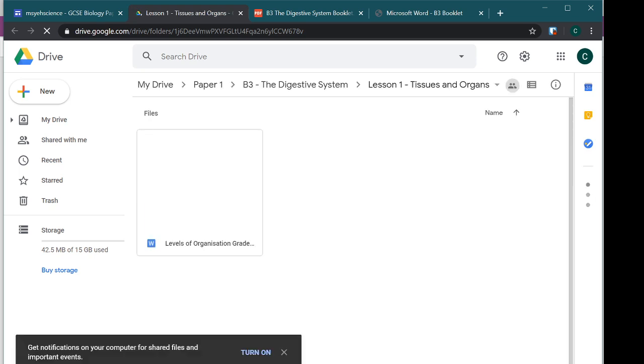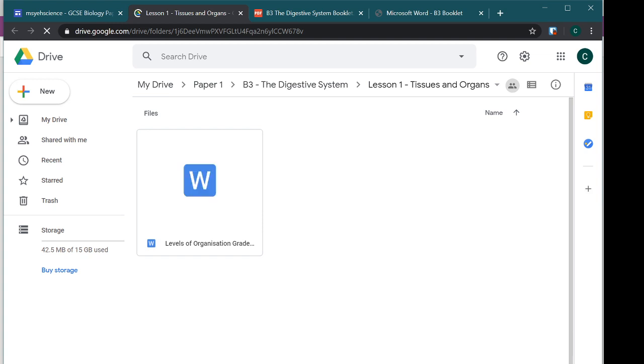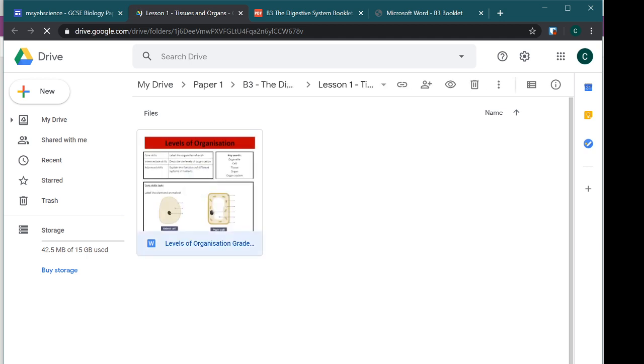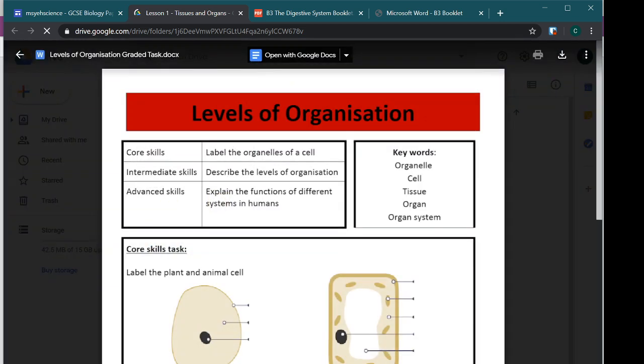You should have a Word document so you can type things in instead of needing to print it out. Obviously, if you prefer writing, that's completely fine. It's up to you what you do. But if you click on it, download it, so that way you can edit it.